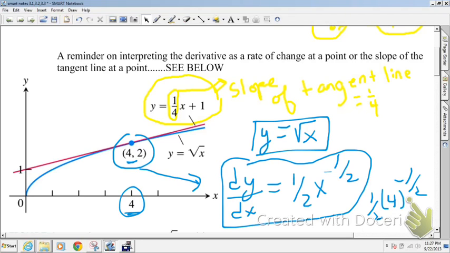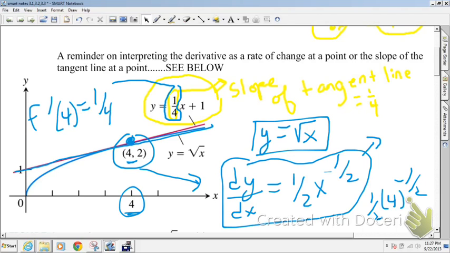So notice the derivative right at 4, the instantaneous rate of change at 4, is 1/4. I'm going to use some notation here. F prime evaluated at 4 is 1/4. Also notice that the slope of the tangent line is 1/4. That's just a reminder, we made that connection last time, that the slope of the tangent line and the derivative evaluated at a point are the same thing.